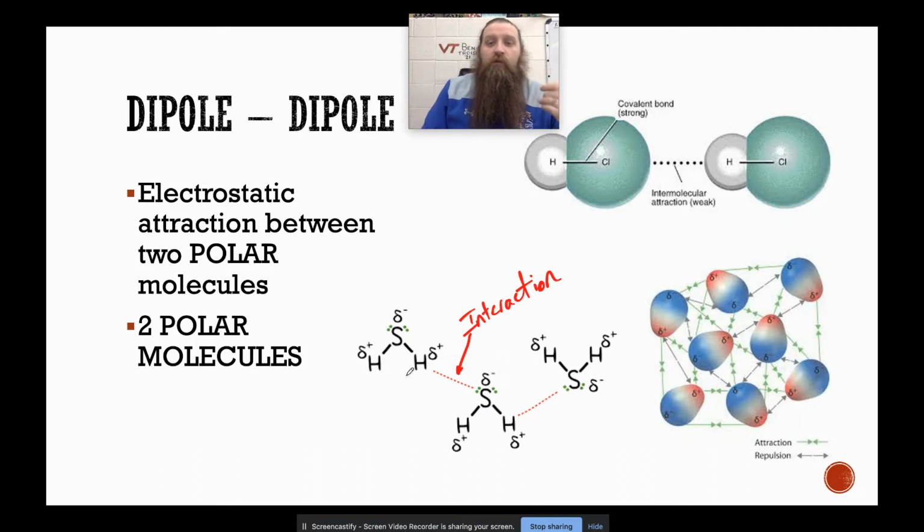It's just a force of attraction. That's the difference between a dotted line and that straight bar line right there. That's a bond. This is just an interaction. Because it's between two molecules, we call them intermolecular. Wow, molecular. There we go, my pen's all over the place right now.